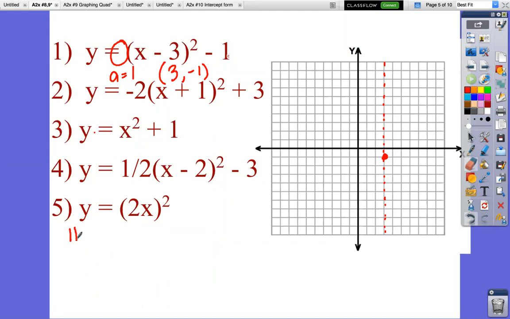So what we're going to do is horizontal steps squared. Then we're going to take that and multiply that, so times your A value. And that's going to equal my number of vertical steps.